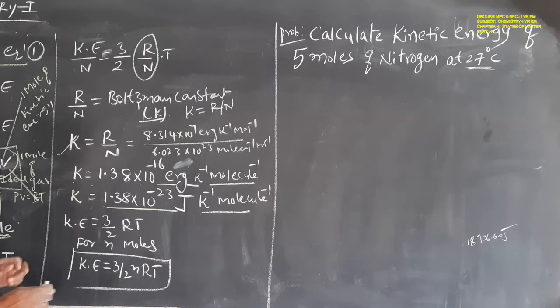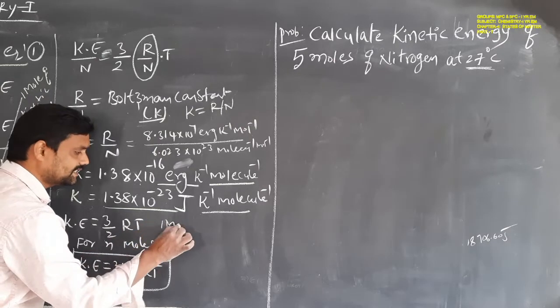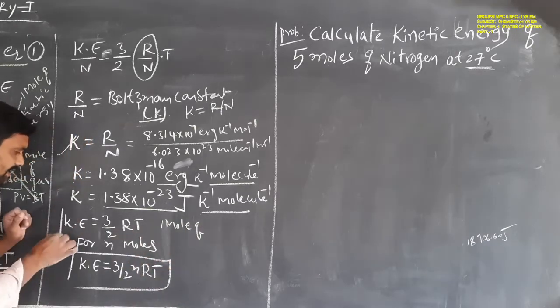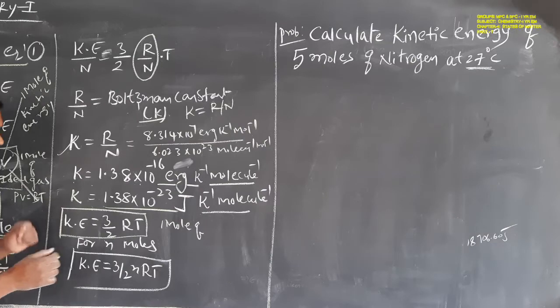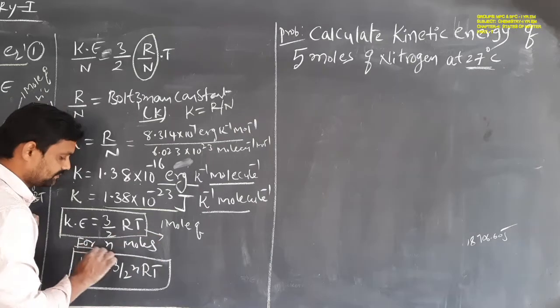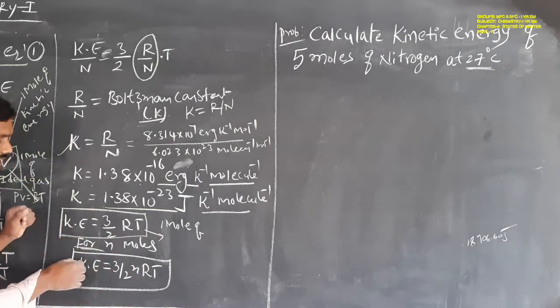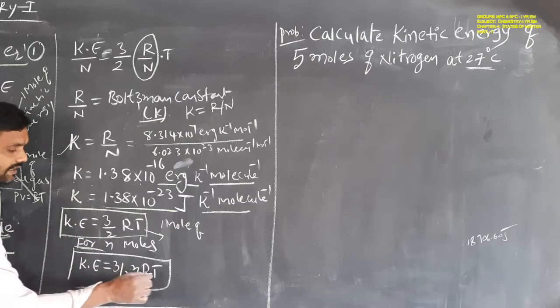Next, our one mole kinetic energy equation is KE is equal to 3 by 2 RT. For n moles, the equation is KE is equal to 3 by 2 nRT.